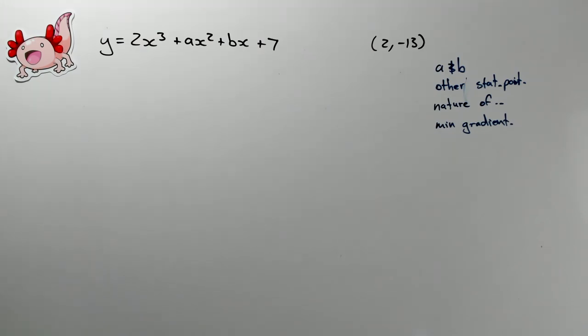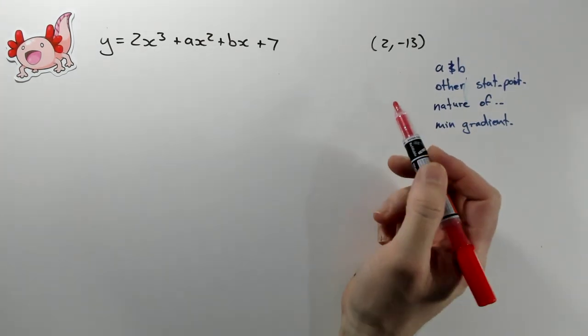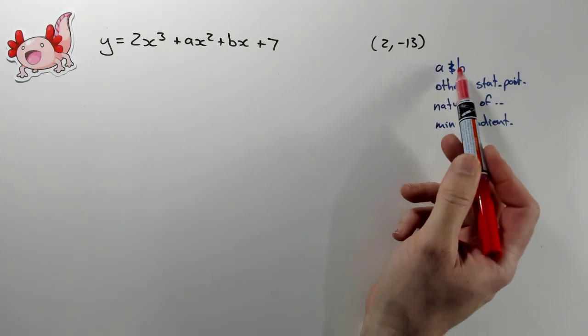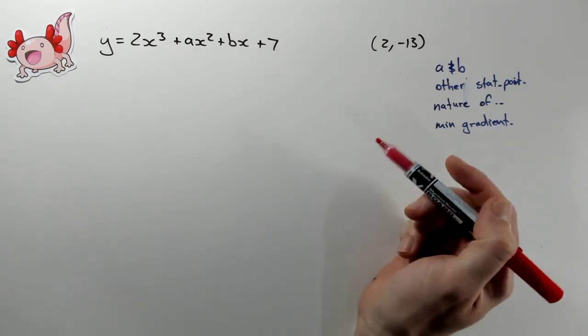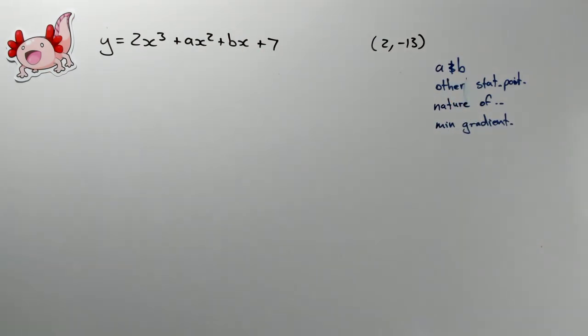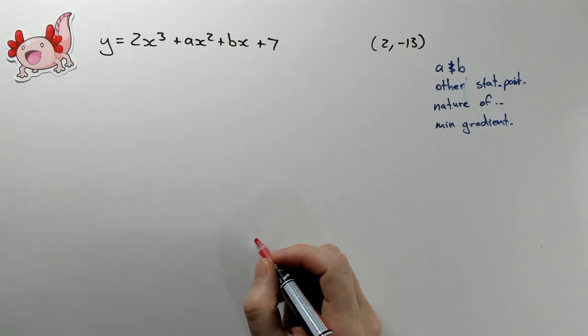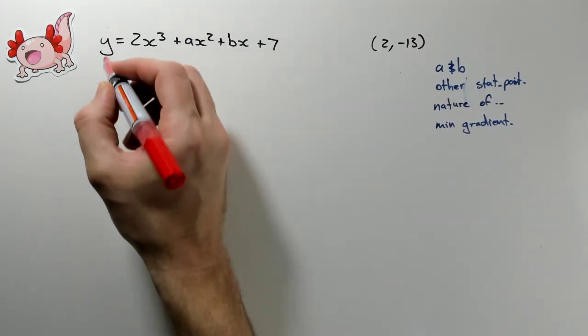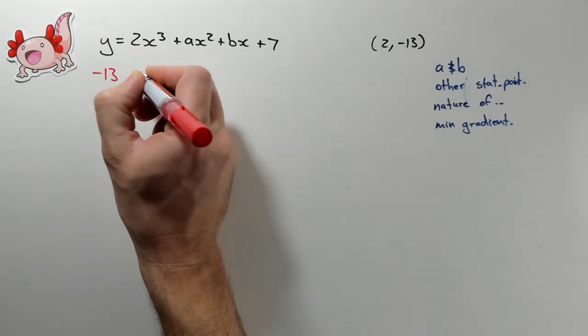What color, the most difficult part of my day is deciding what color I'm gonna write in. Let's go for red. So A and B, because I have two variables, I'm gonna need two equations. So I'm going to start off with the simple one where I just input these values.